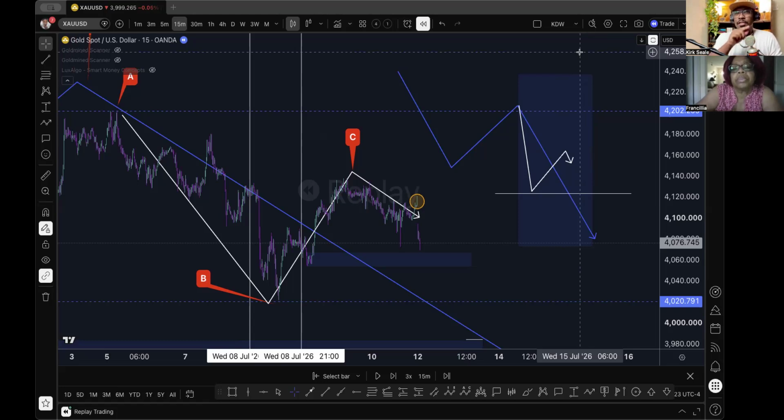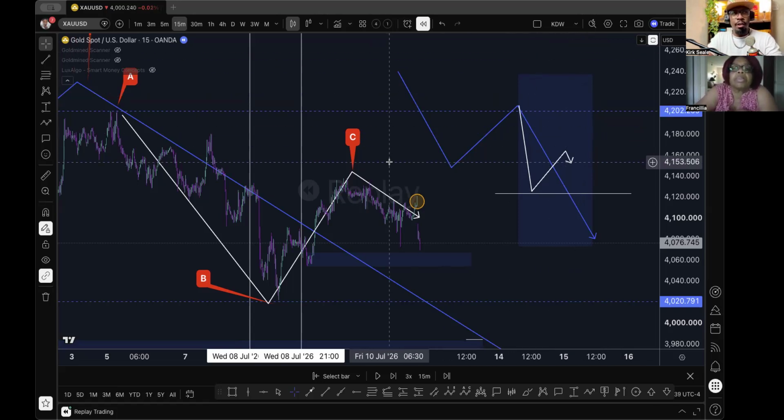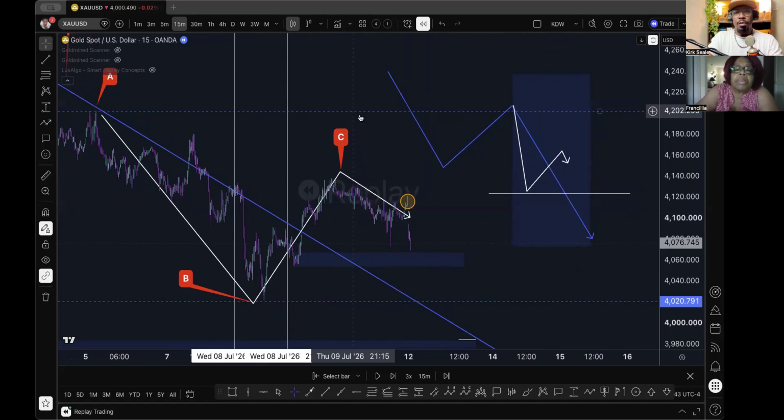Are we seeing that pattern duplicating itself, and does that pattern support the direction that we saw before? We saw prices going down. We identified a trend. The trend is also going down. And we are currently close to where C is on the 15 minute.